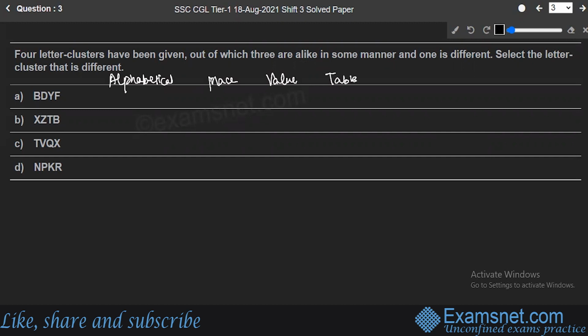Please note down this table and keep it on a side because you will use this table in multiple questions in this paper. So the better approach is to make this table at the start of your paper and keep it on a side so that you can refer to it as and when required.